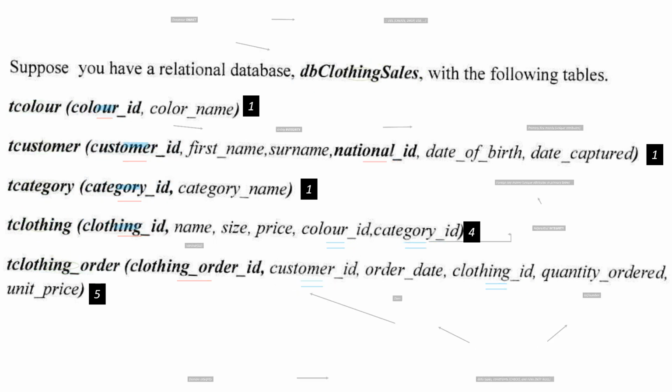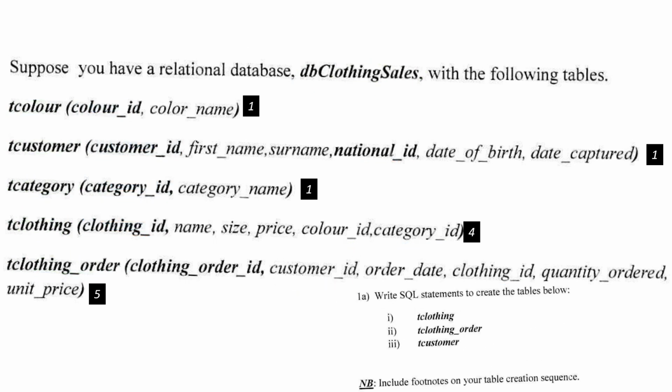So what's the next step? The next step is now answering this question. And the question reads, write SQL statements to create the tables below. And the tables are T clothing order, T customer. These are the only tables you are asked to create.